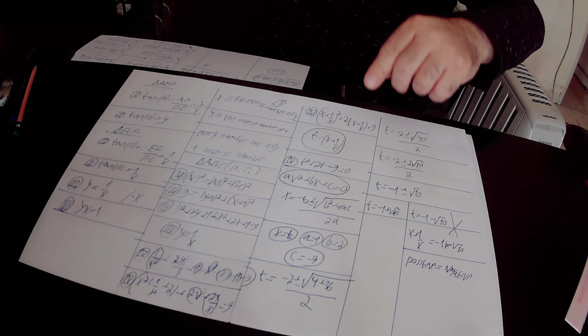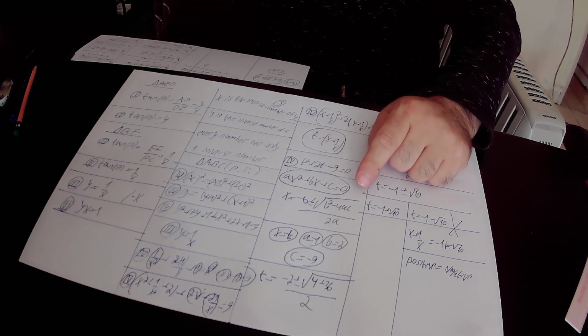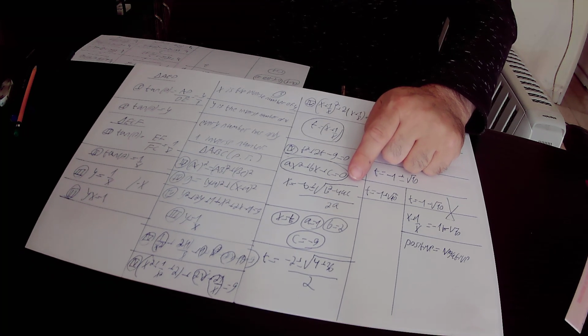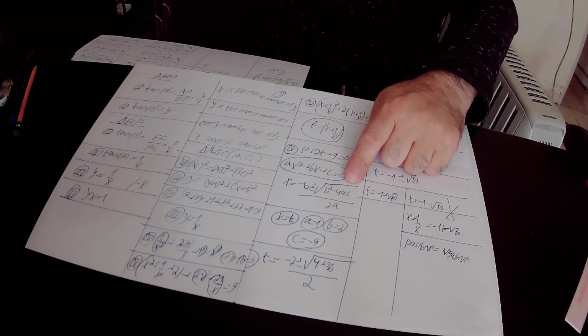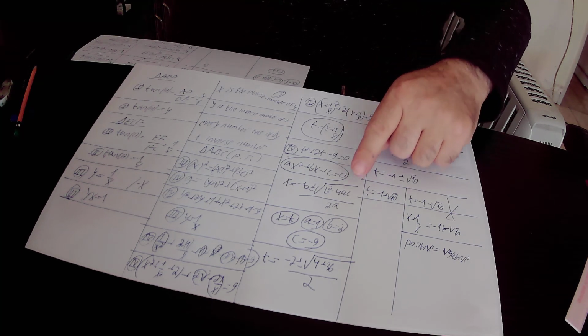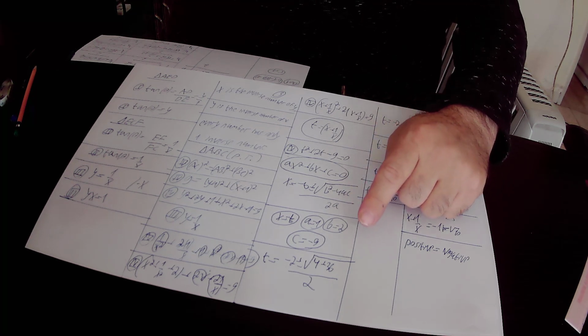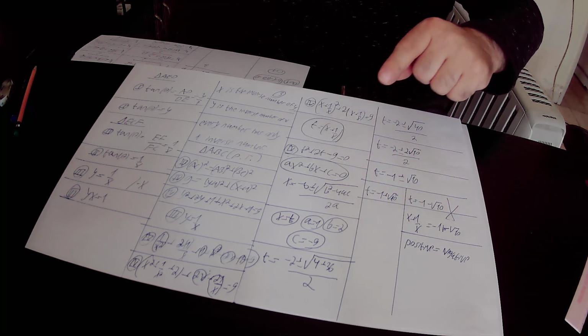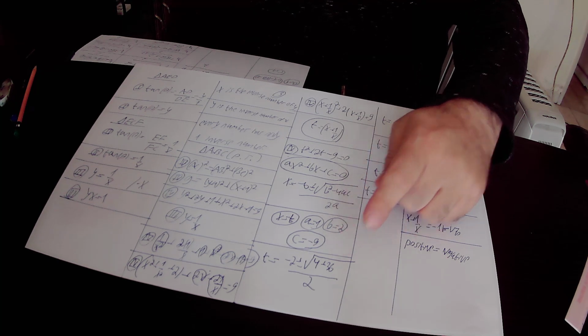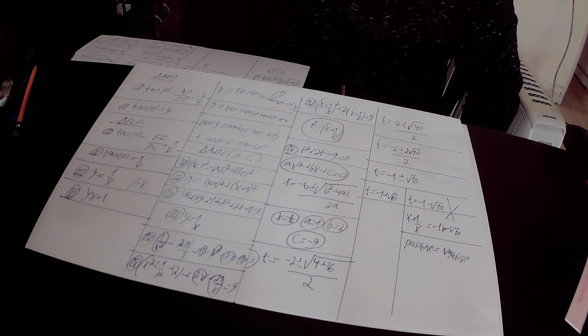So we put the data inside the formula, and we found that t equals minus b, b equals 2, so minus b is minus 2, plus or minus the square root of b squared, b is 2, so b squared is 2 squared, which is 4, minus 4 times a times c.